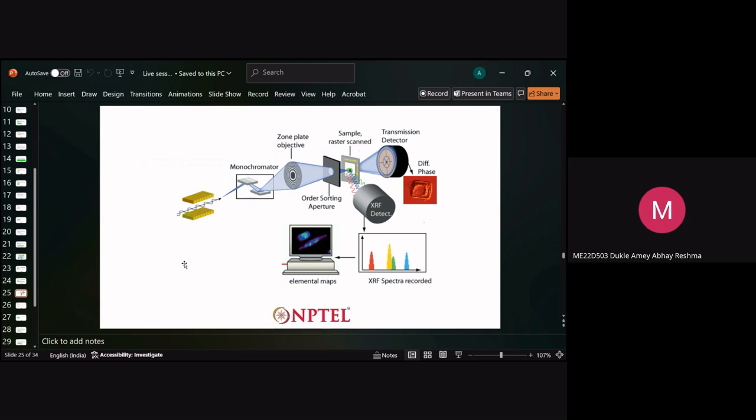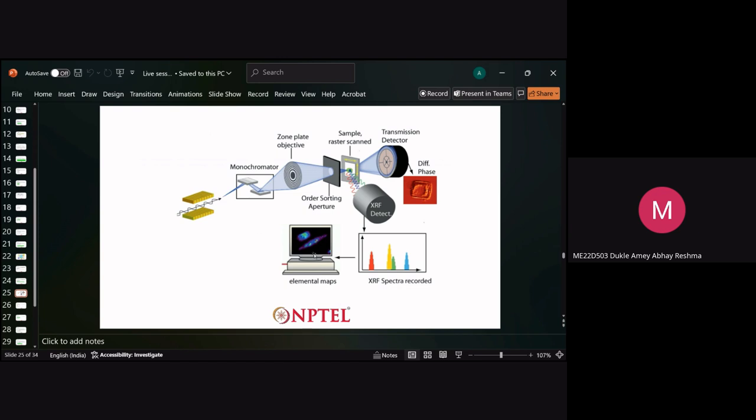Here, you change the intensity, and at every intensity, obviously, a different atom will get excited. Due to excitation, there will be fluorescence. That fluorescence is detected by the detector, and based on that you get the spectrum. So that is how it is working.